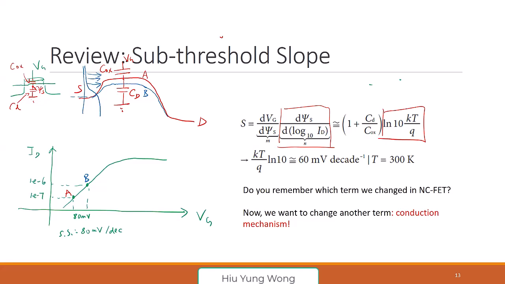But from the Vg, in order to control the psi s here through Vg, you still have this capacitor divider effect, which is 1 plus CD divided by Cox, where we call it 1 plus n. Do you still remember this? Any questions?